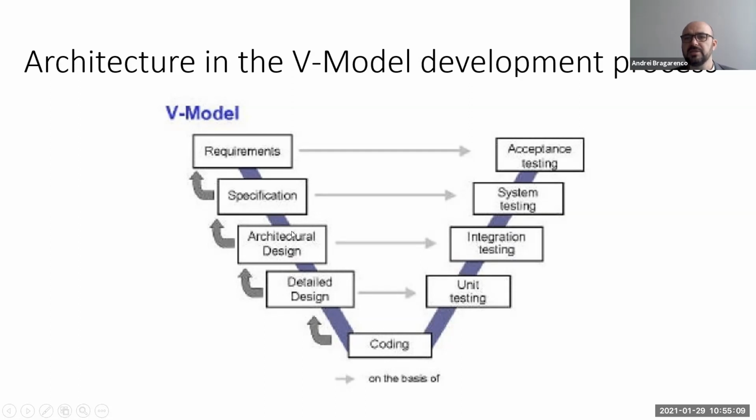Architectural design distributes the functionality, defines the components, and distributes the functionalities through the system. That means architecture is more related to the structure, while detailed design comes after.